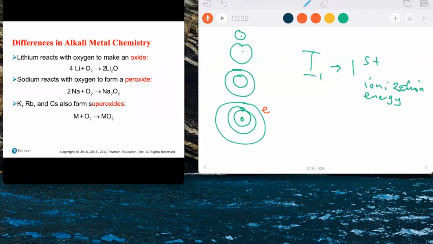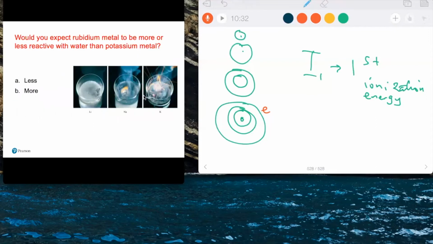Well, for metal oxides of group 1, I don't want us to just forget about them. I want us only to know the trend on their reactivity as far as the group 1 metals are concerned. Will you expect rubidium metal to be more or less reactive? If you look at the trend in the picture on this side, it's going down the group. This means, assuming this is an exam, you need to circle rubidium.